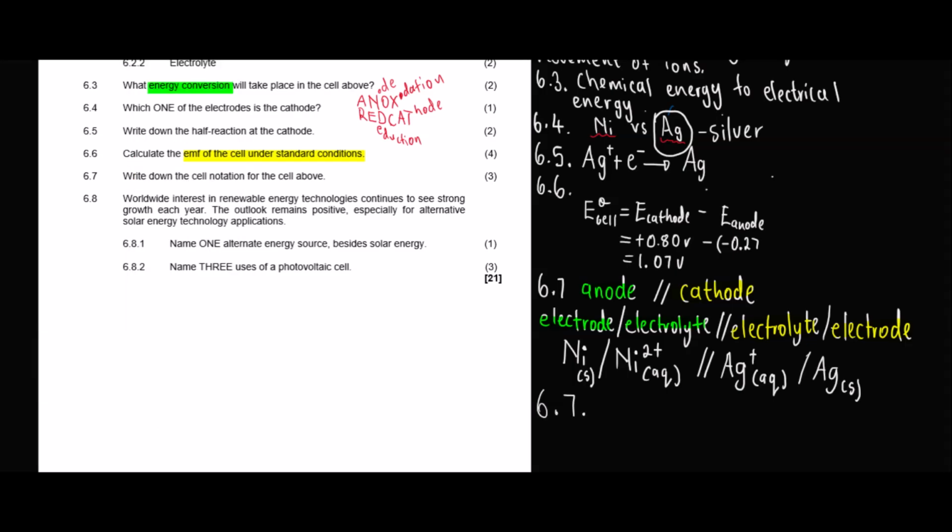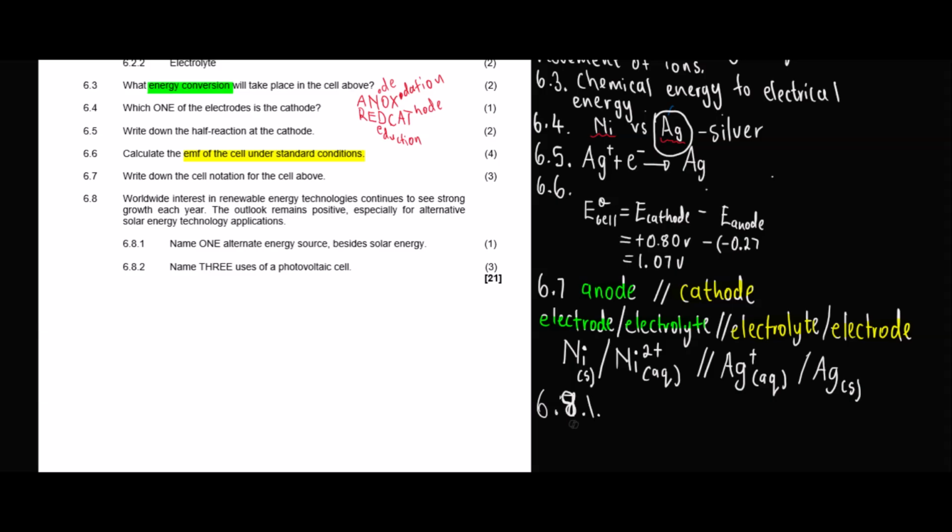Now let's move on to 6.7. Oh, 6.7, that's the question we were doing. I'm sorry. So let's move on to question 8. Now, question 8.1. They're saying worldwide interest in renewable energy technologies continues to see strong growth each year, right? So the outlook remains positive, especially for alternative solar energy technology applications.